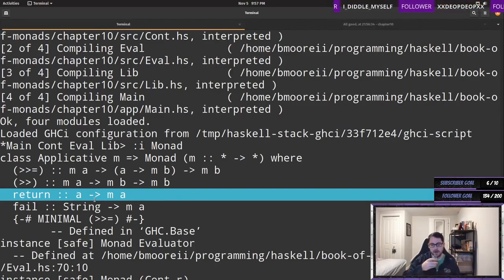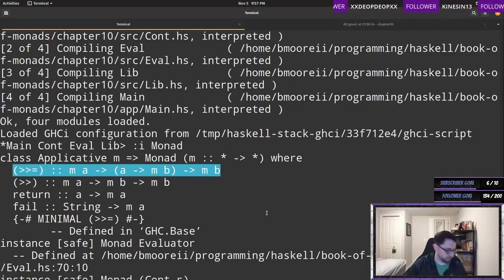However, the bind operation is your problem. That's what it's pointing out, is something is wrong with this that doesn't allow you to compose.